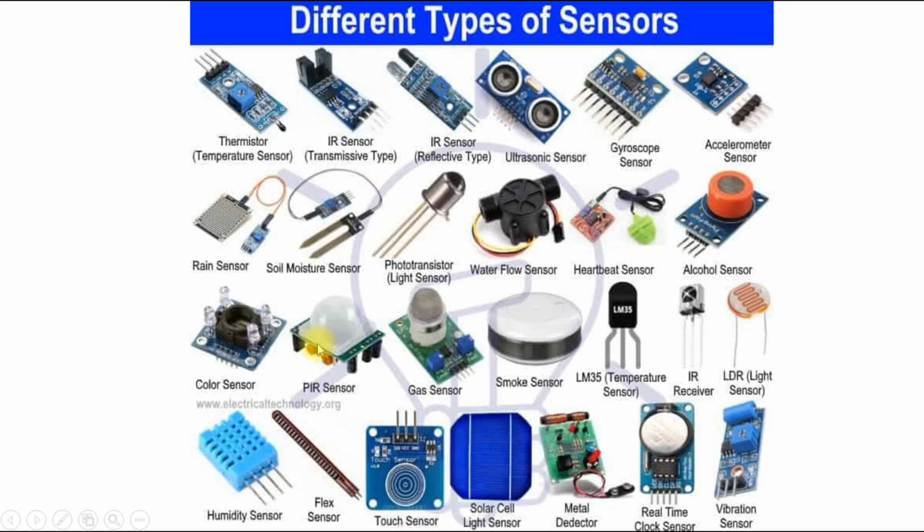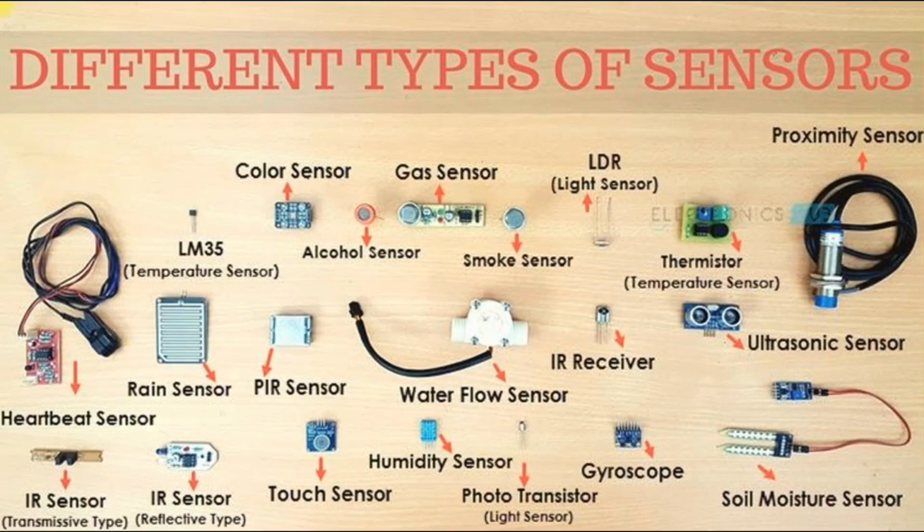You can visualize these different types of sensors, all converting a physical quantity into an electrical quantity. And you can see water flow sensors, IR receiver, soil moisture sensor, touch sensor, rain sensor. Nowadays automobiles come with a rain sensor.